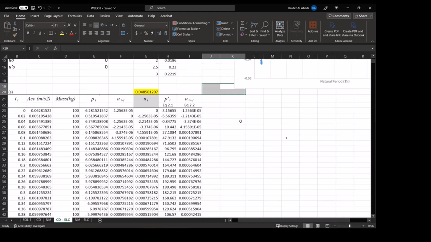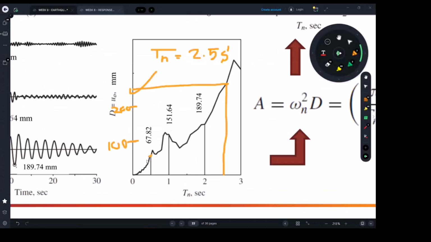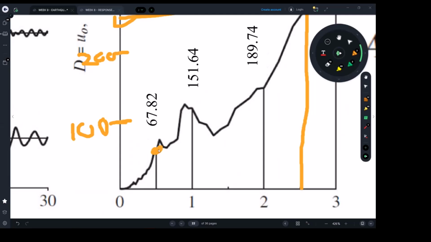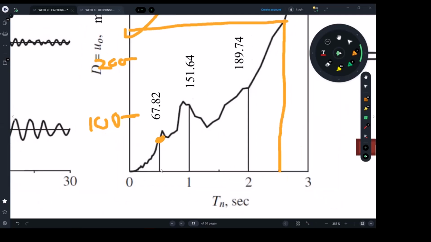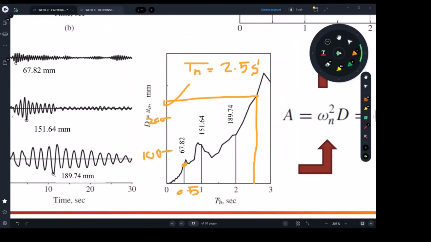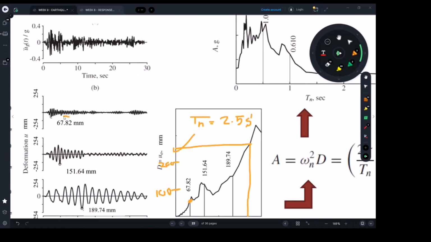Isn't it first orange though? No, that's first orange. What do you mean? No, I was asking about your building, that first dot, that point was for 0.5 natural time period, which was calculated here.